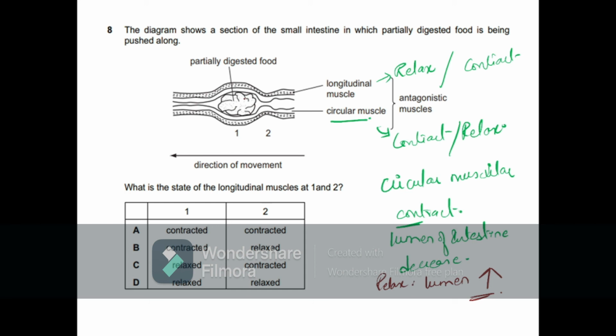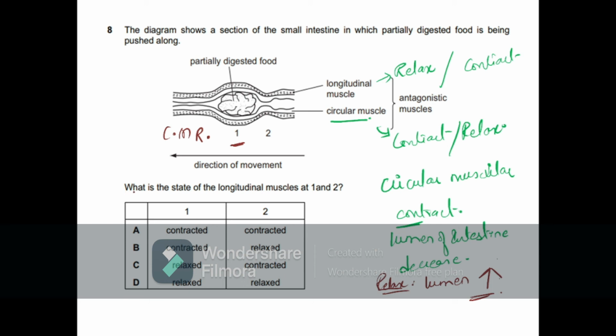So that's why you can say here that the circular muscles at this position, at 1, are going to relax in order to increase the diameter of the lumen. And if the circular muscles relax here, what happens with the longitudinal muscle?